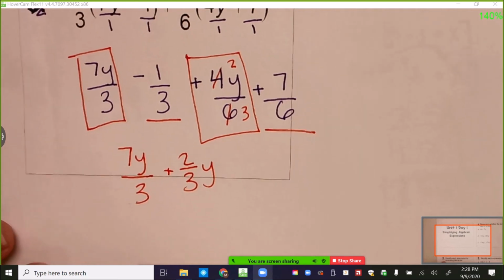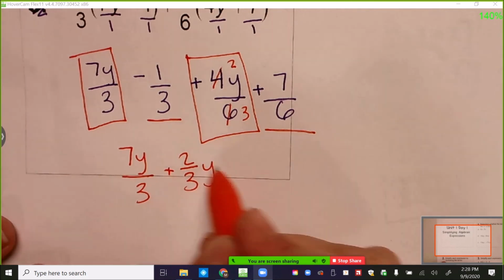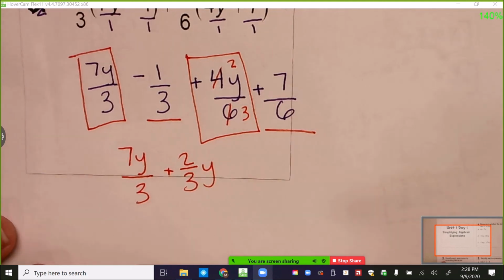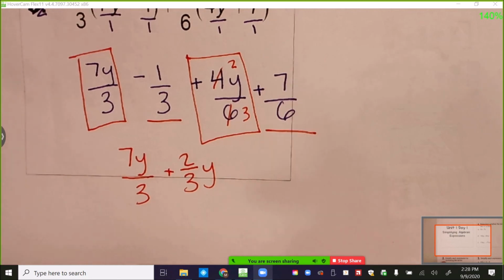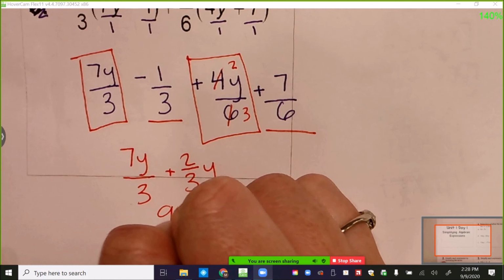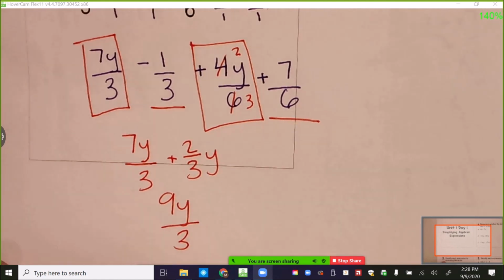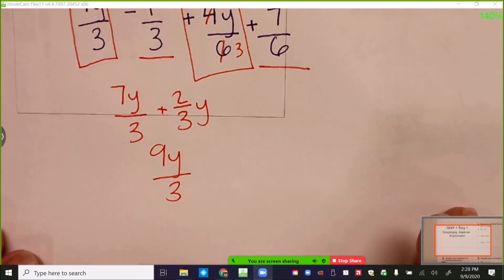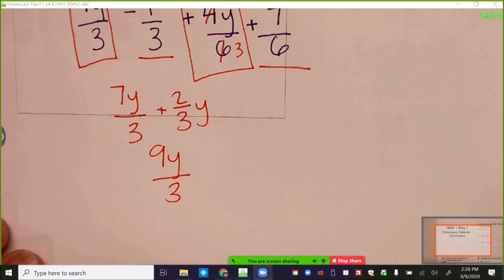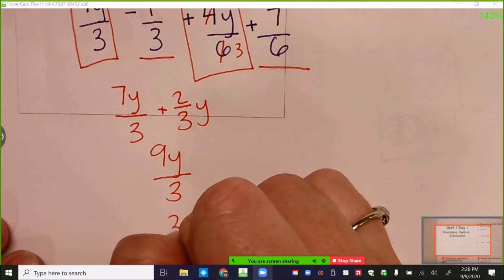And when I combine those, what do I get? You just add across the top. 7 plus 2 is, you're right. You skipped a step though. What's 7 plus 2? 9y over 3, which he was saying simplifies to what? 1/3. No. Bigger numbers on top, so it's 3y.